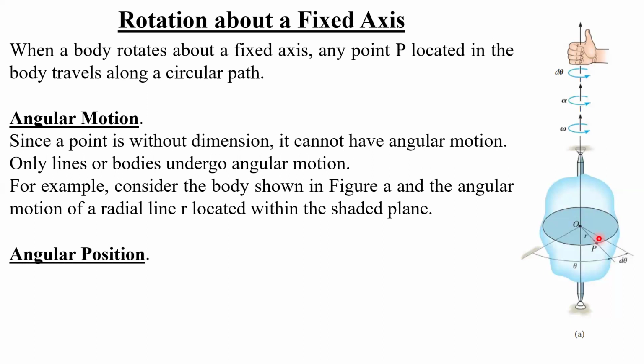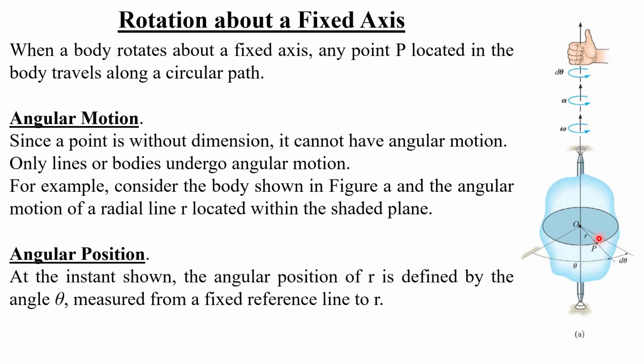Angular position. At the instant shown, the angular position of r is defined by theta. Since r is a line, you must have a reference line. If P is a point, you must have a reference point.